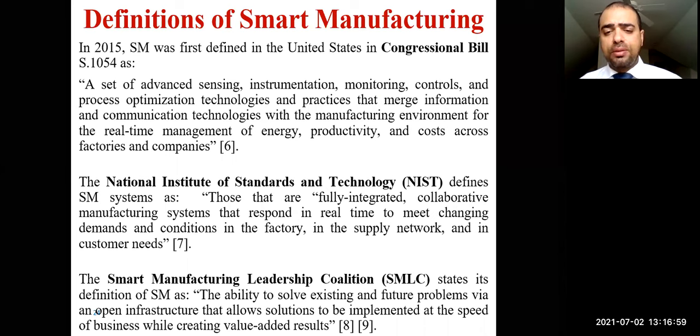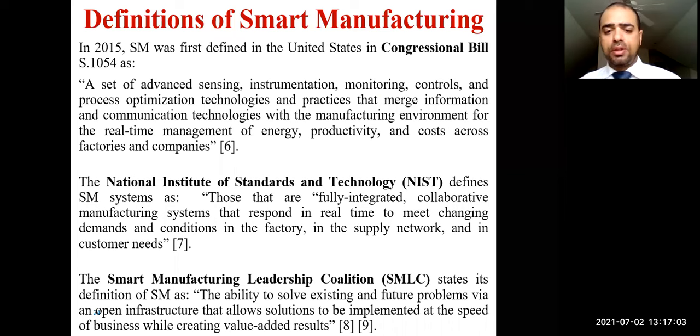Smart manufacturing systems are those that are fully integrated, collaborative manufacturing systems that respond in real time to meet changing demands and conditions in the factory, in the supply network, and in customer needs. The key word here is collaborative. We're going from automation in Industry 3.0 to collaboration in Industry 4.0.